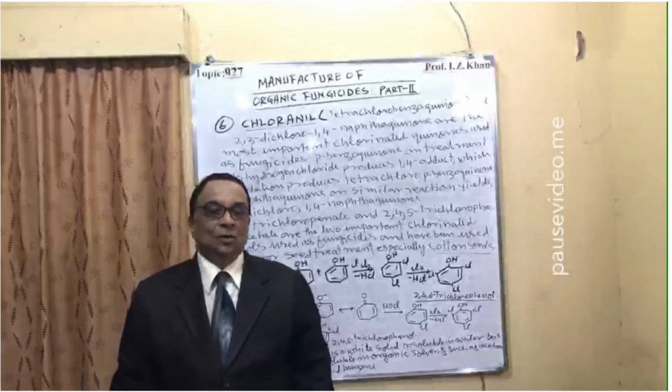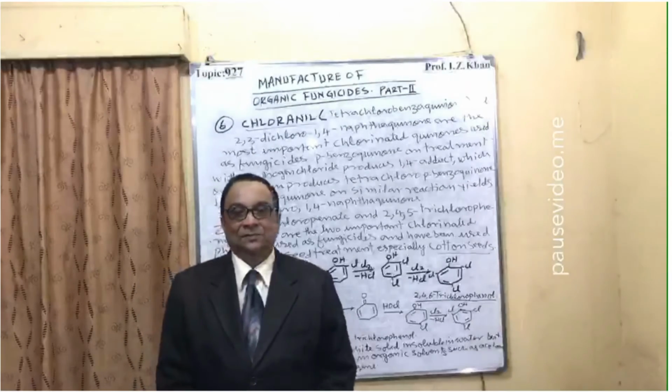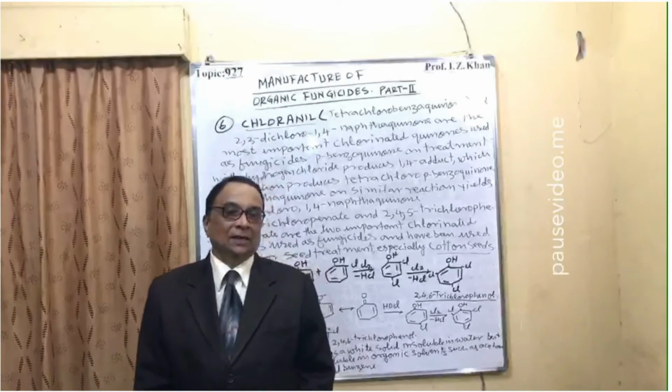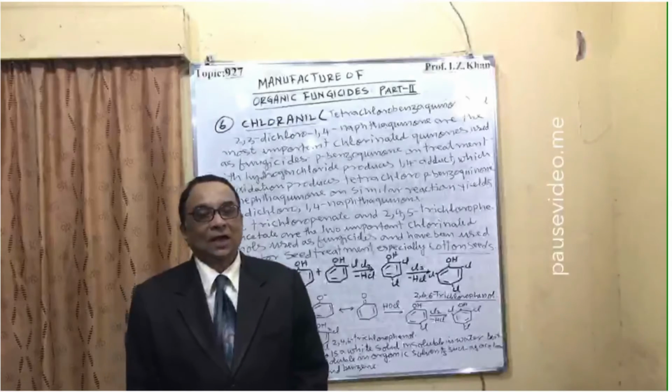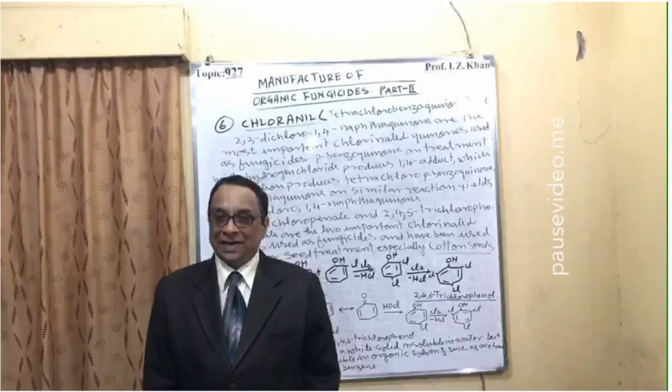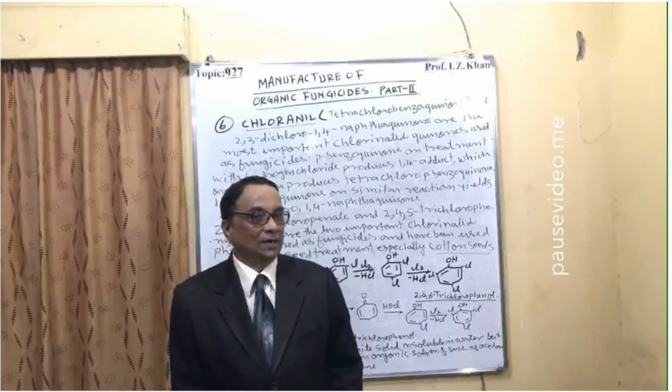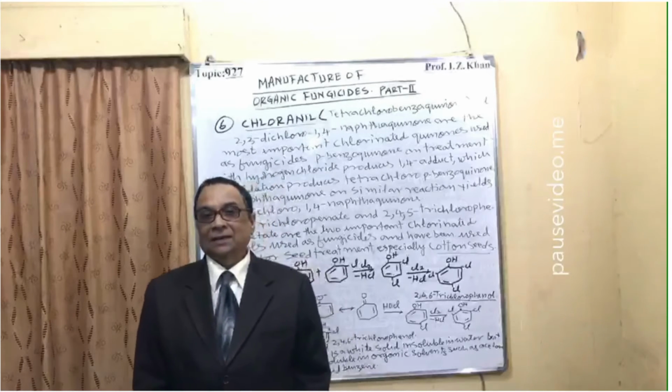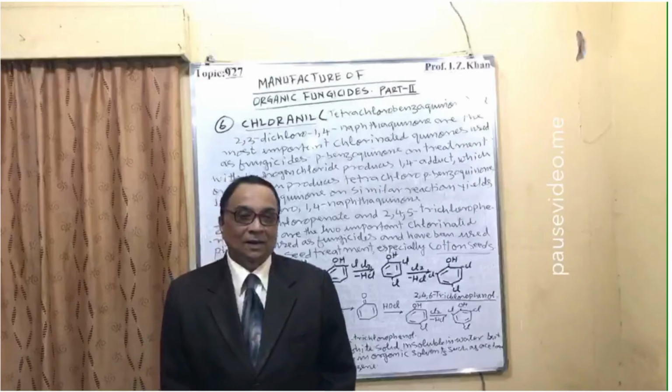So, as I already told you, these fungicides are mostly either bis thiocarbamate derivatives or chlorinated quinones and chlorinated phenols. They are powerful antifungals.